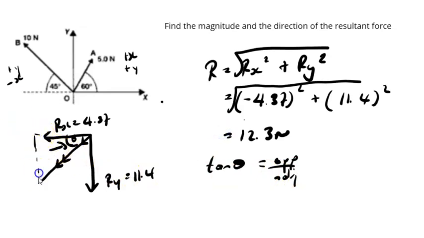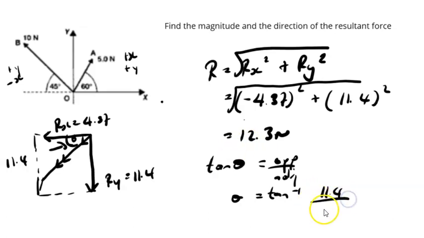If I complete my parallelogram here, this is going to be my opposite, and that's going to be my adjacent, so theta is equal to tan inverse of 11.4 over 4.57.